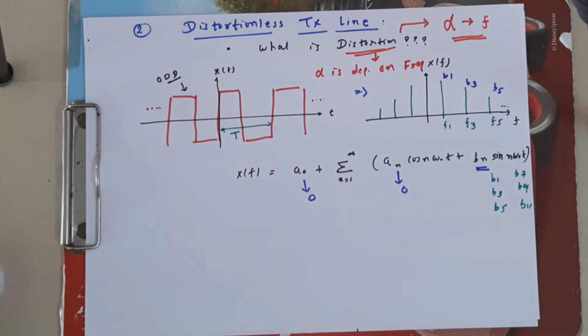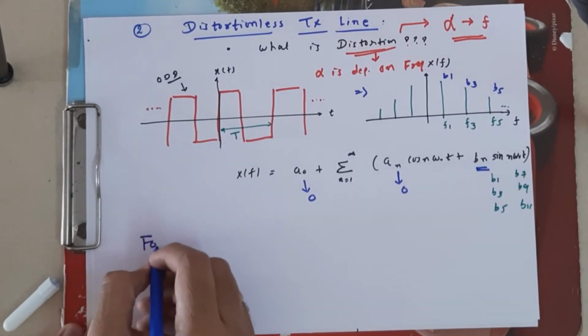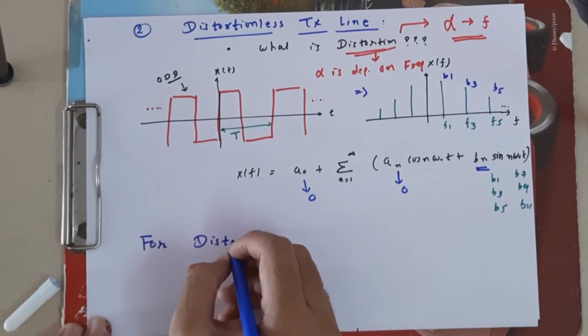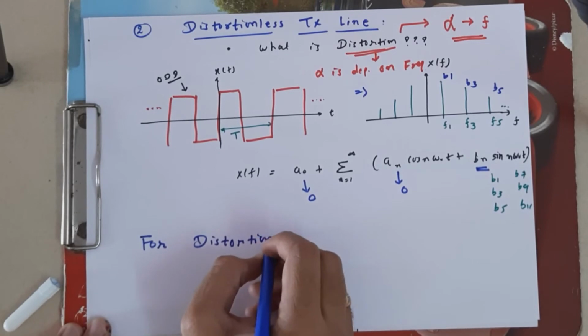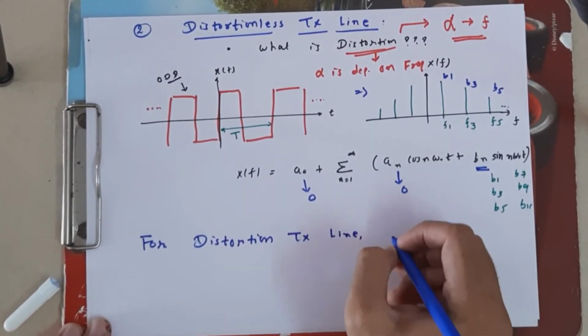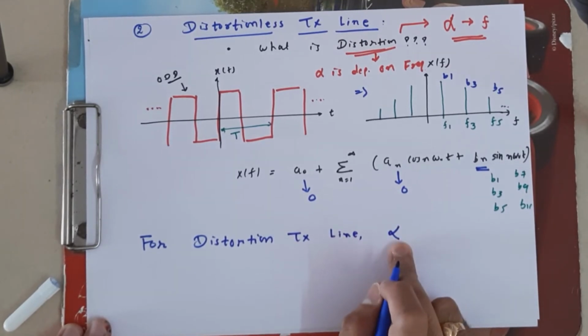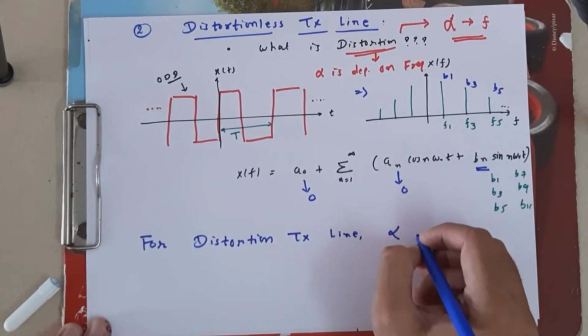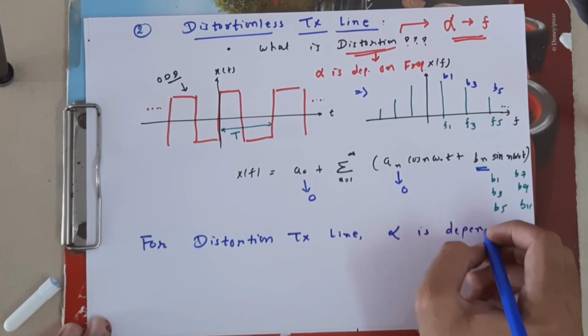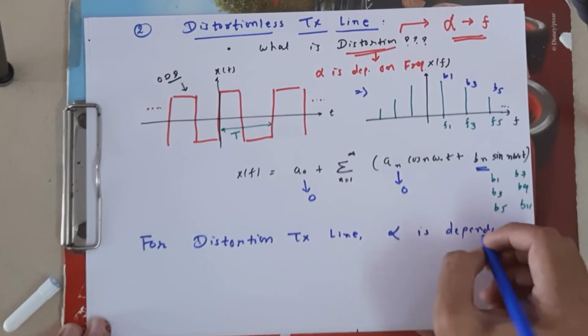So we can say, as a final conclusion, that for a distortion transmission line, alpha, which is known as the attenuation constant, depends on frequency.